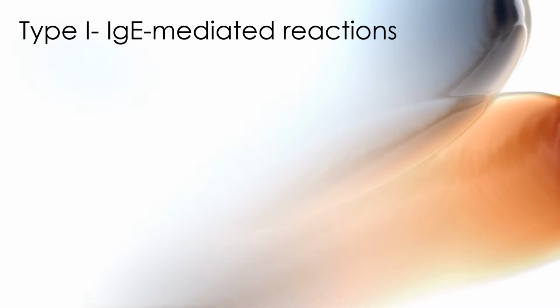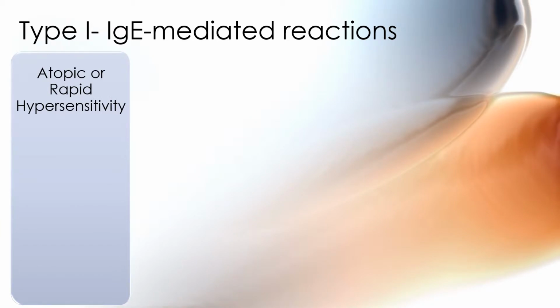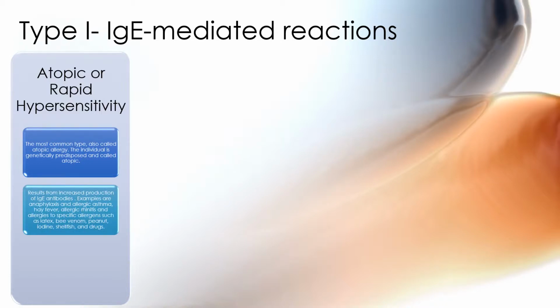Okay, so type 1, immunoglobulin E mediated reactions. Atopic or rapid hypersensitivity. It is the most common type, also called atopic allergy. The individual is genetically predisposed and called atopic. It results from an increased production of immunoglobulin E antibodies.